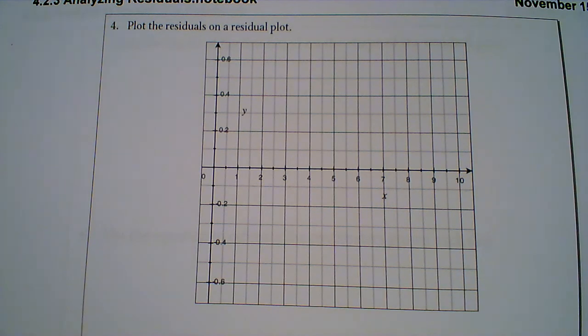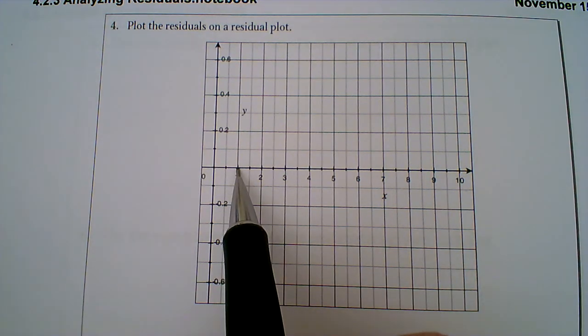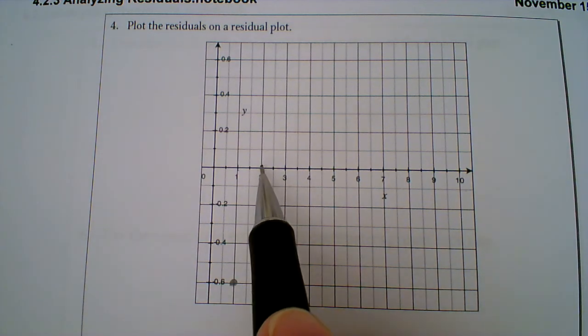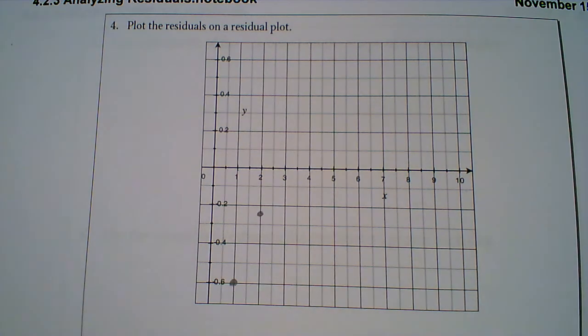So our first point is 1, negative 0.6. So 1, negative 0.6 would be right here. Our second point is 2, negative 0.23. Negative 0.23 would be right about here. So I want you to graph those 10 points and complete this graph. Pause the video.